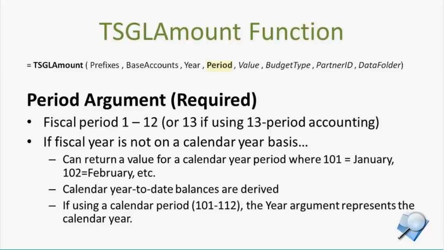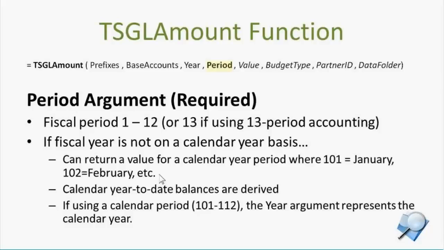An interesting added capability, and this is actually not in the version that is on the website right now for download, but you'll expect to see this in the next version that's released within the next week, 2 weeks, is the ability to report on a calendar year basis, even if your fiscal ending date is not on a calendar basis.